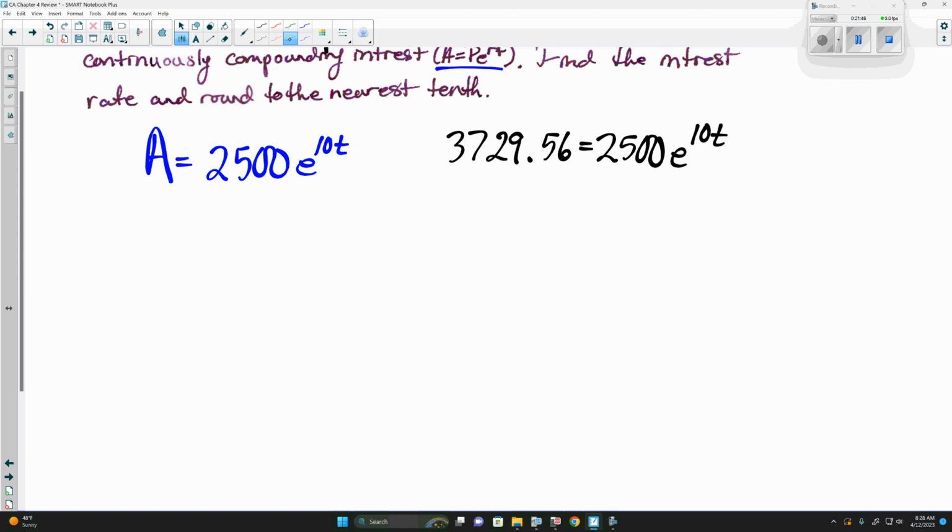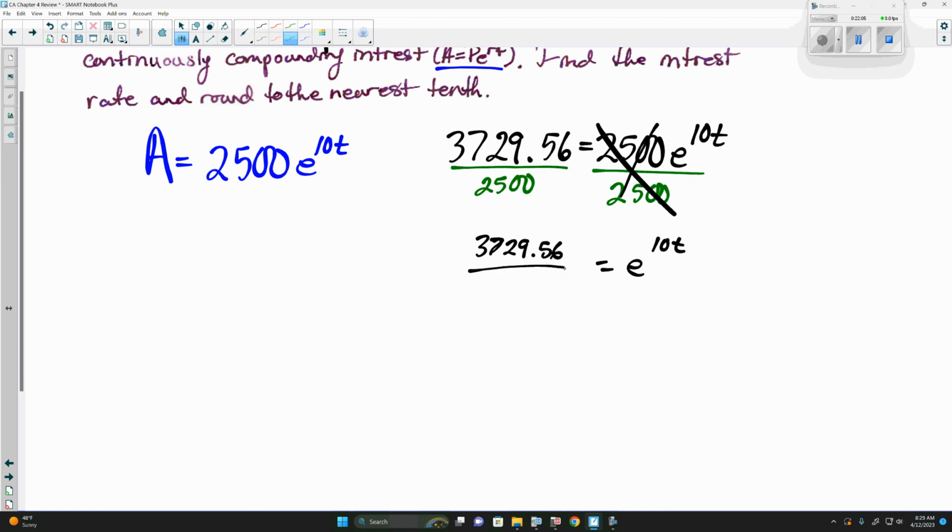The first thing we can do is divide both sides by 2500. These will simplify, leaving us with e to the 10t, and over here we have $3,729.56 over 2500. Those two numbers will not divide nicely, so we'll leave them alone.